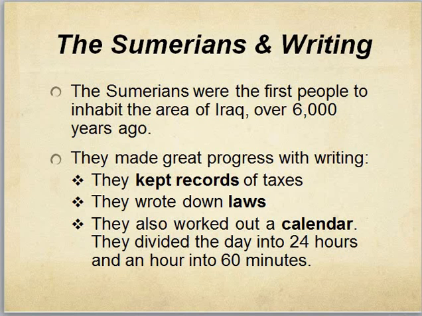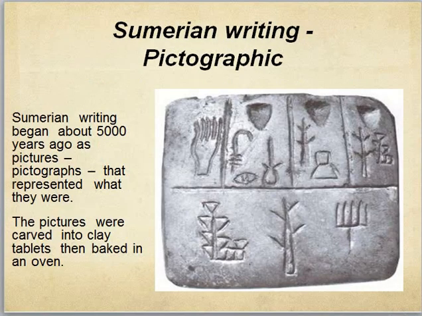They divided the day into 24 hours and an hour into 60 minutes. Sumerian writing, pictograph. Sumerian writing began about 5,000 years ago as pictographs that represented what they were. The pictures were carved into clay tablets, then baked in the oven.